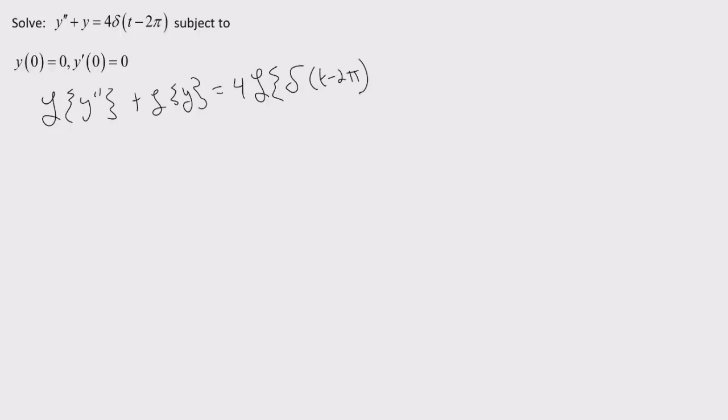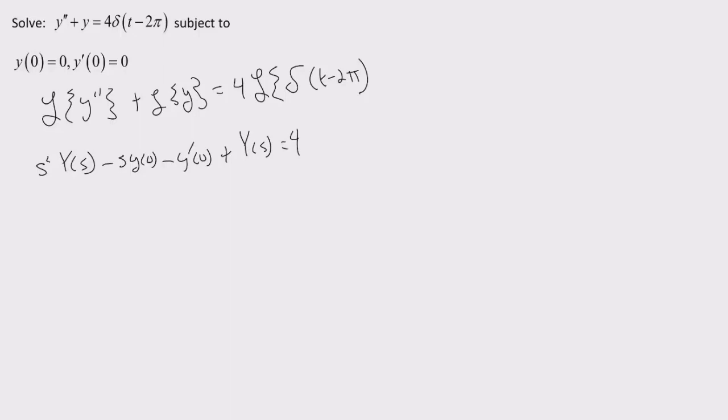Okay, so then I'm going to write out that step for the Laplace transforms for all of those. So that's s squared y of s minus s y of 0 minus y prime of 0 plus y of s equals 4, and then the rest of that piece that we just did.